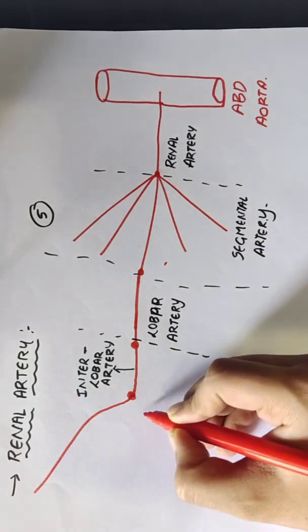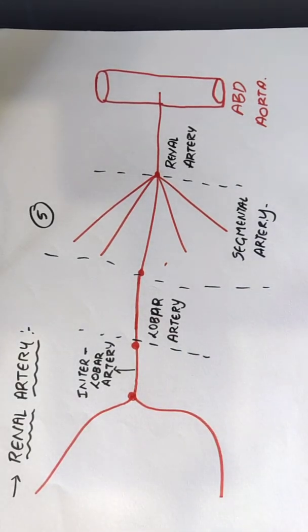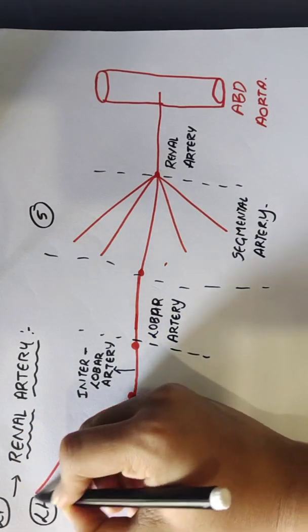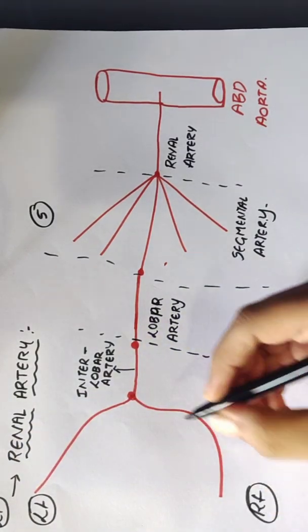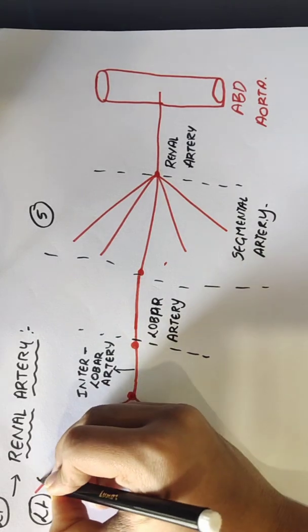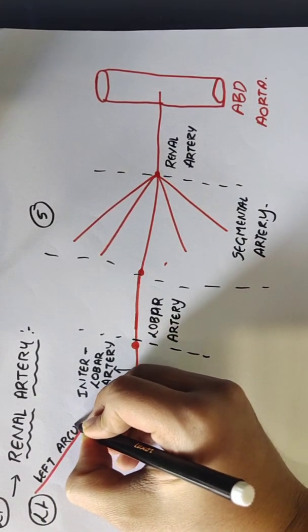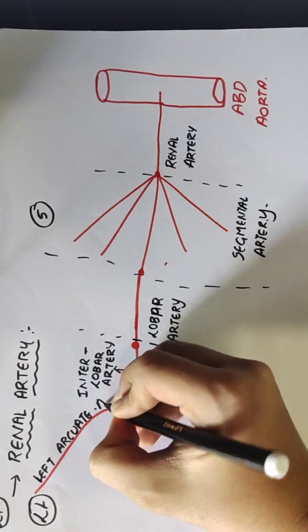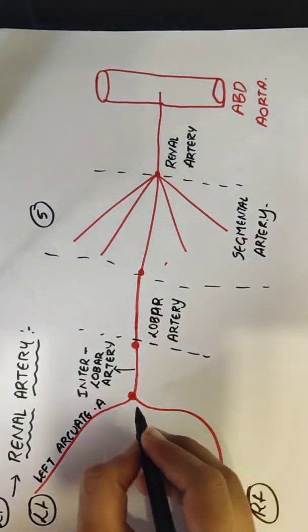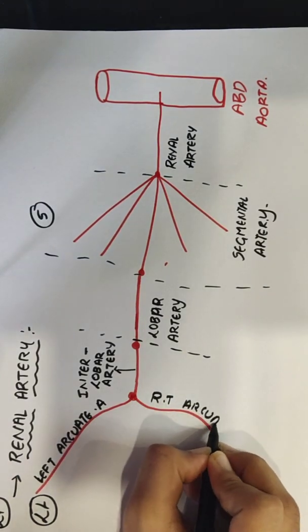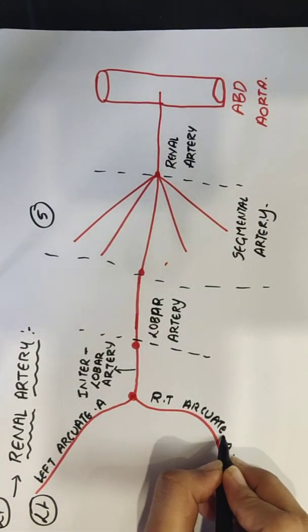So we'll draw its diagram. They are left and right. We'll write it here, left arcuate artery, and this is called the right arcuate artery.